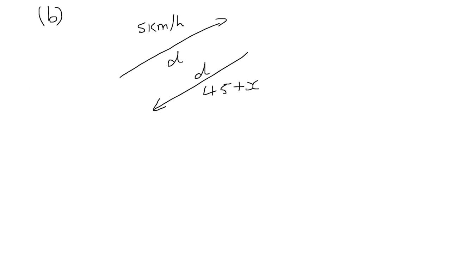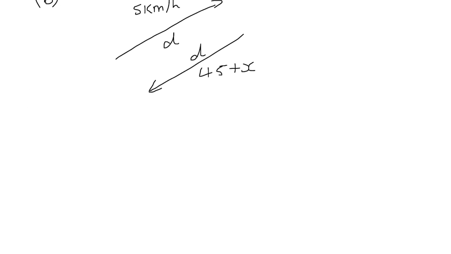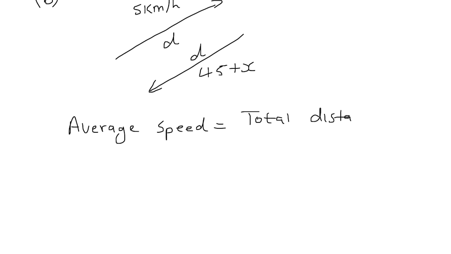Okay, so we do the same thing as we did with the first question. So average speed is still equal to total distance divided by total time. Our total distance is still 2d.